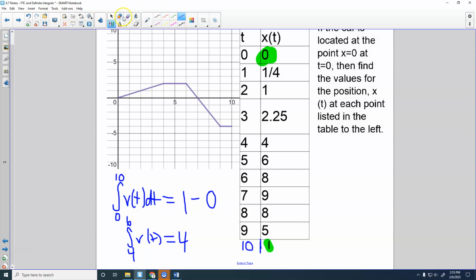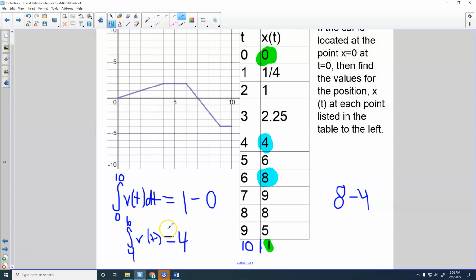Now, if I look right here, at 6 I get 8, at 4 I have 4. Could I do 8 minus 4? Would that give me the same answer? Yes. It would. And we could keep going with this, and it's going to be the case for everything.